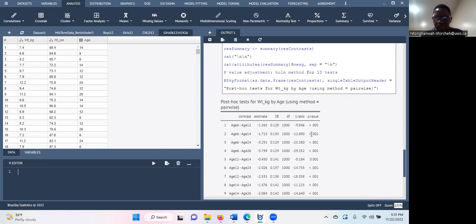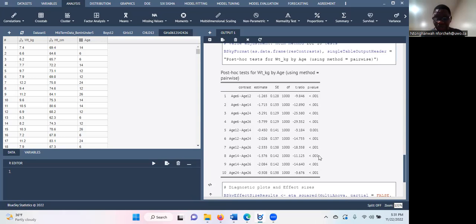And these are the t ratios. It's showing us, surprise, that all of the differences are significant. If I compare 6 months with 12 months, I'm getting a mean difference of 1.265.